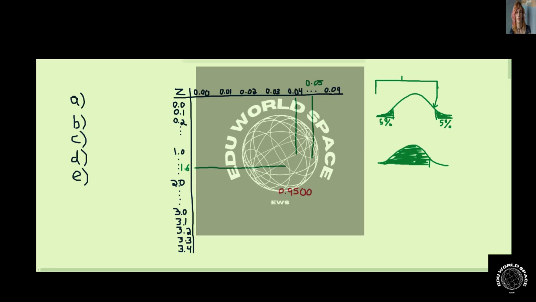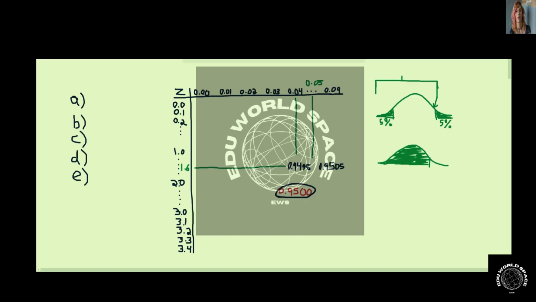So when we look this up, we find 0.9495 right here at the entry with 1.64. And then right next to it at the entry with 1.65, we find 0.9505.